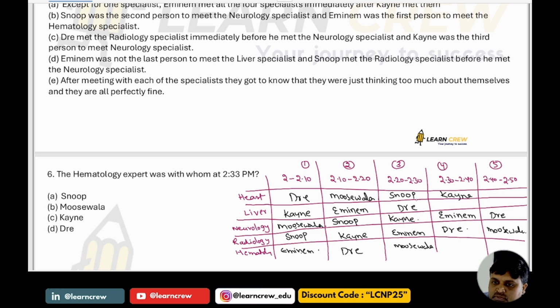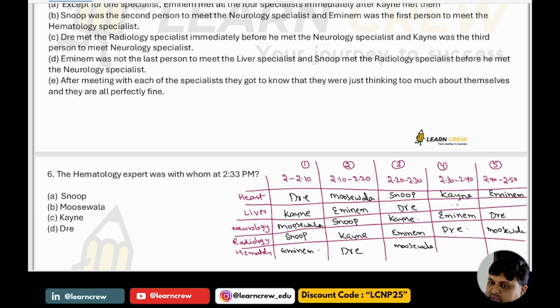And the only person who is not fixed in this row is who? Eminem, because after Kane, Eminem has to come. Next. Now, here Kane, Eminem, DRE are fixed. The remaining are Snoop and Moosewala. So who will come here?